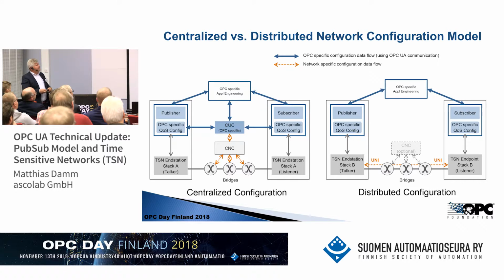And the challenge we have at the moment is that there are two network-side configuration models discussed. There's what's called centralized configuration, and the concept of the centralized configuration is you have different switches making up the network, and then you have one centralized scheduling component that is doing the network scheduling, and then you have a protocol-specific component that is providing the communication to maybe engineering or to the endpoints in terms of OPC UA publishers and subscribers.